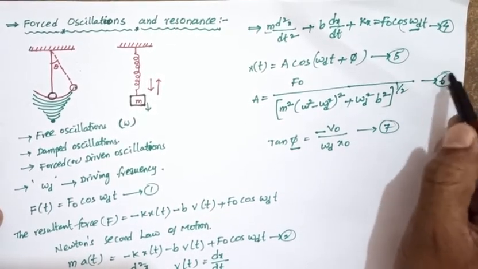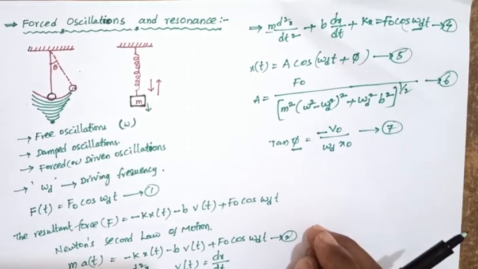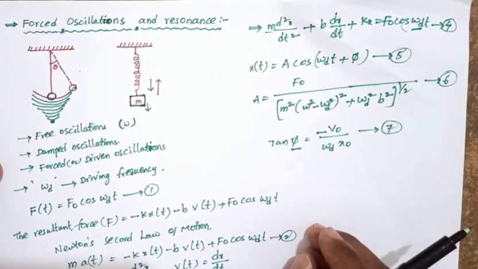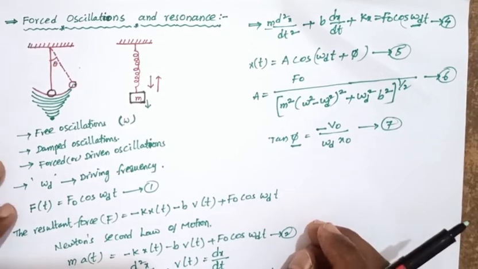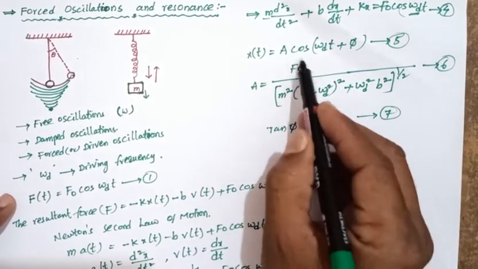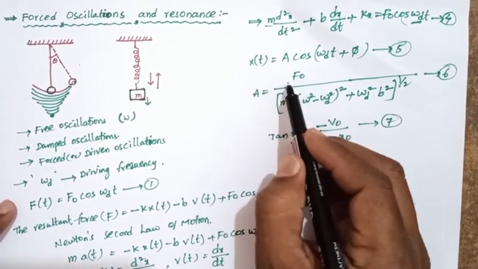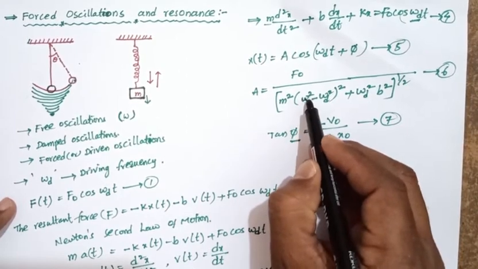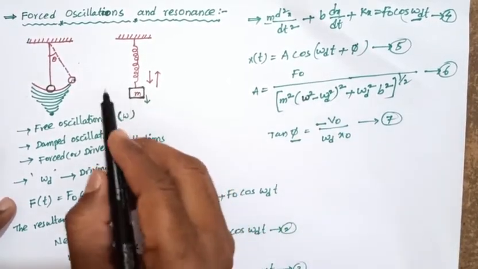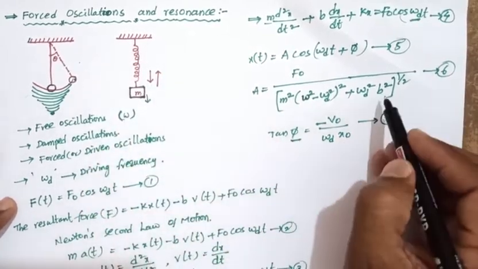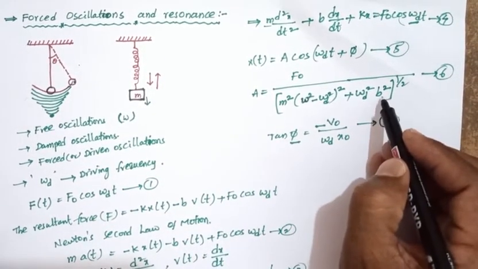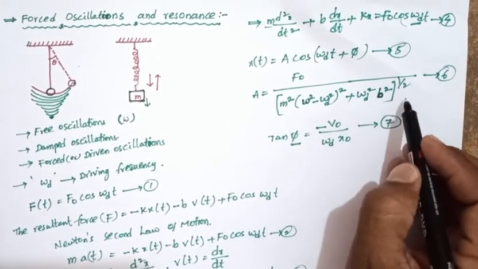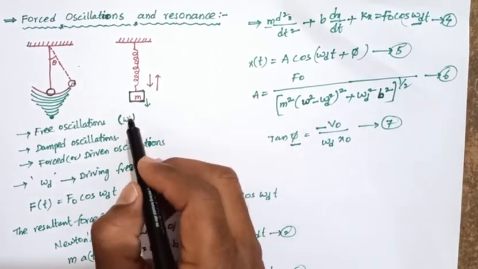Equation number 6 shows that the amplitude of the forced oscillator depends upon the angular frequency of the driving force. In equation number 6, F naught is constant and m, the mass of the block, is constant. Omega is the natural frequency of this spring system, and b is also constant. What is b? A positive damping constant of the damped oscillator.